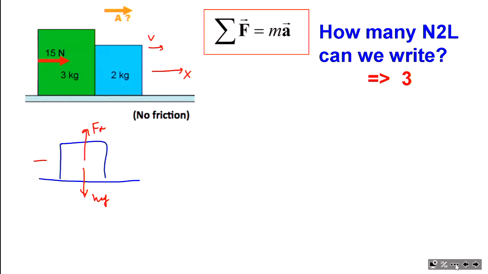Now, there is, of course, an applied force which points to the right, and the magnitude of this force equals 15 newtons. How do we know? We can see. Are we done? So, no friction. In general, I would have to add another arrow in the opposite direction, but if there is no friction, there is no that arrow.